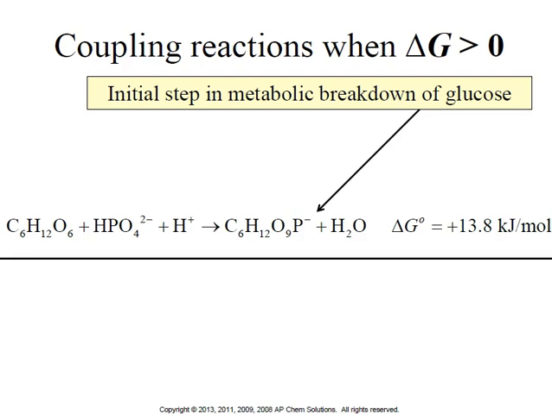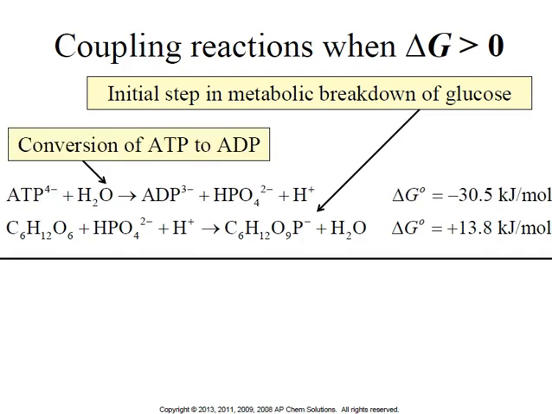But in fact, the first step of breaking down that glucose actually requires 13.8 kilojoules per mole of energy. So how does our body make it happen? Well, it does what is called a coupling. It couples that reaction with the breakdown of ATP. And we know that that's a favorable process. It actually has a negative delta G.